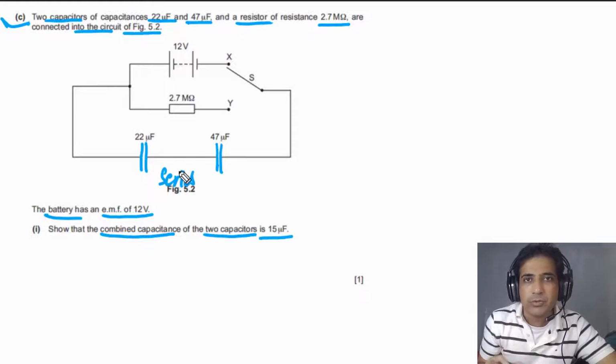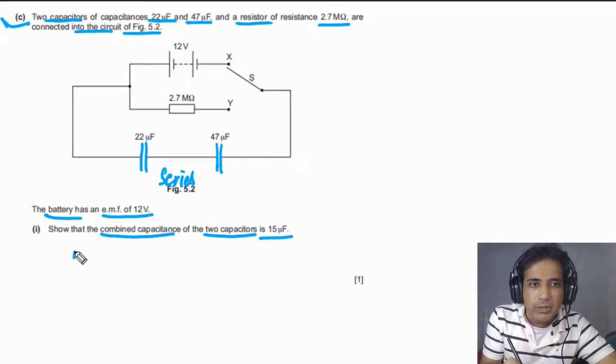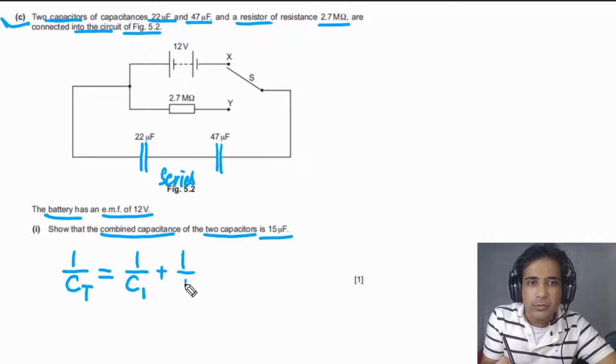Now the next thing we need to understand, if the capacitors are connected in series, how we can calculate the total capacitance? This is like resistors connected in parallel. So simply in this case we can write down 1 over C_T is equal to 1 over C1 plus 1 over C2.